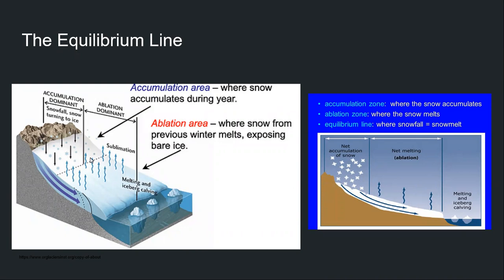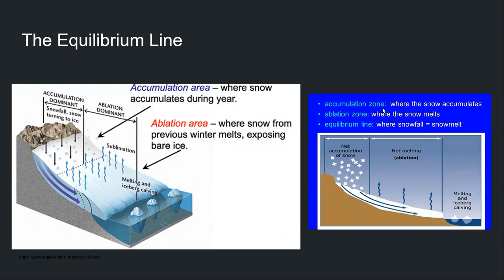If you have an equilibrium line that is very low on the glacier, it means that the glacier has a big area that's creating mass. So it's probably going to advance. If you have an equilibrium line that is high in altitude, it means probably that the ablation area of your glacier is bigger than the accumulation area, and therefore the glacier might undergo a retreat.